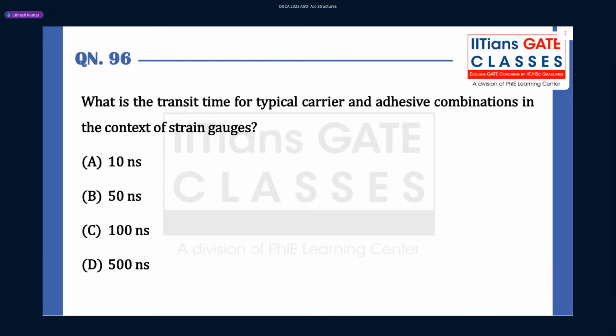So what is the transit time for a typical carrier and adhesive combination in the context of strain gauges? This question is from properties of strain gauges. In the syllabus, they have mentioned experimental stress analysis. In experimental stress analysis, there are different methods. Strain gauge is one of the methods, but they asked a question from properties of strain gauge. The answer is B, which is 15 nanosecond.